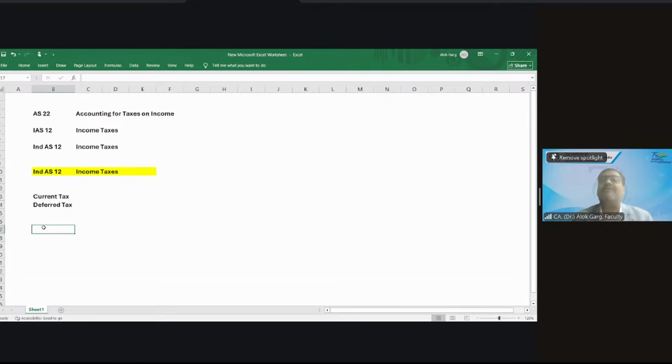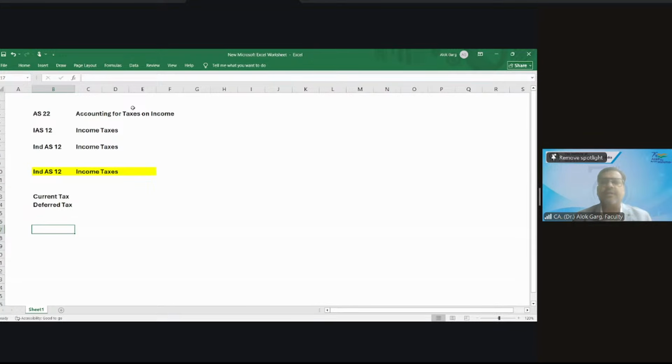The objective is to provide the matching principle between accounting provisions and income tax provisions. So this standard came with a concept of providing a matching principle between the accounting profit and tax profit. How it will be there, we'll discuss and let you know, okay?